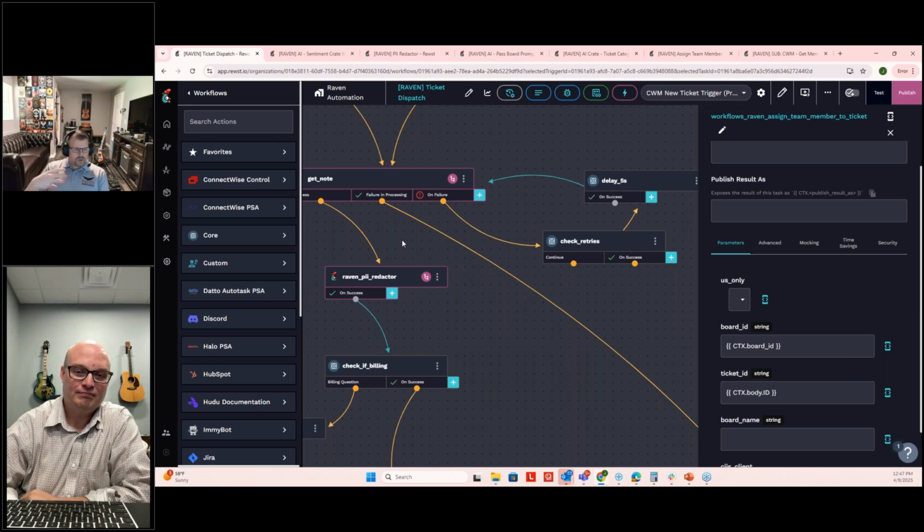Basically, anytime we're talking to ConnectWise to get any of that information that's sensitive to this process, we create some retry functionality. It's a very simple thing to do, but it's going to add so much more reliability to your automations.